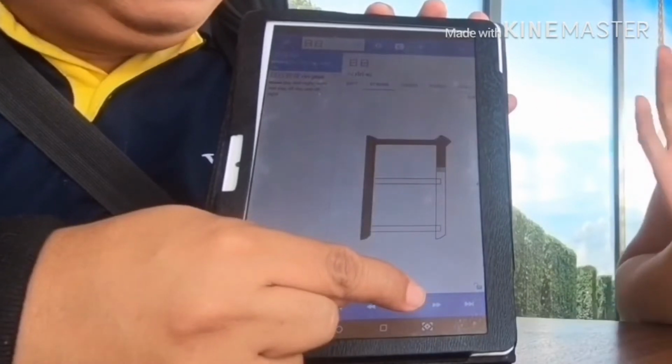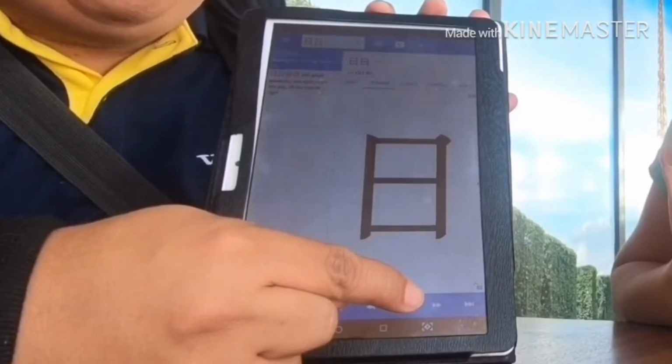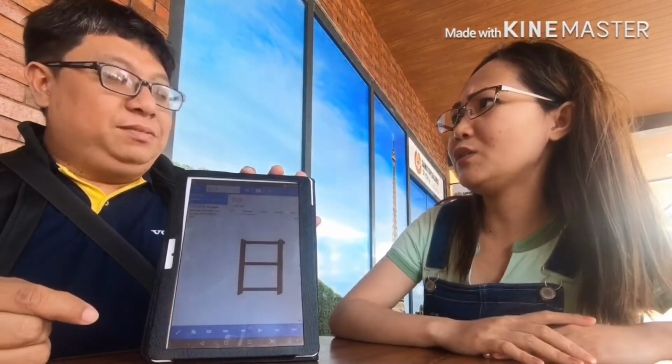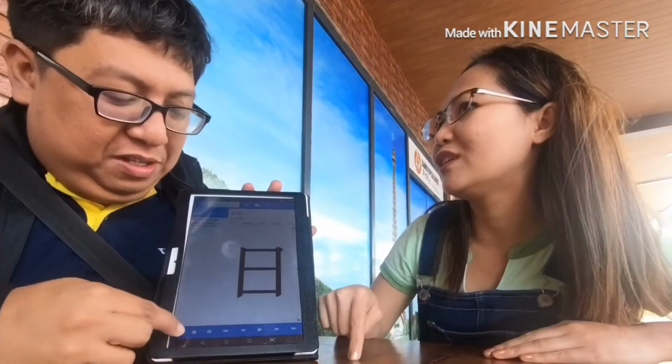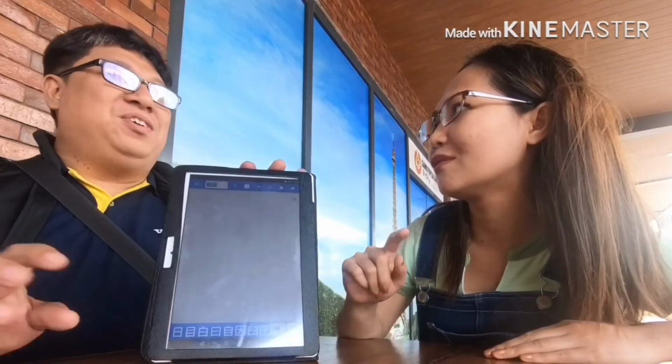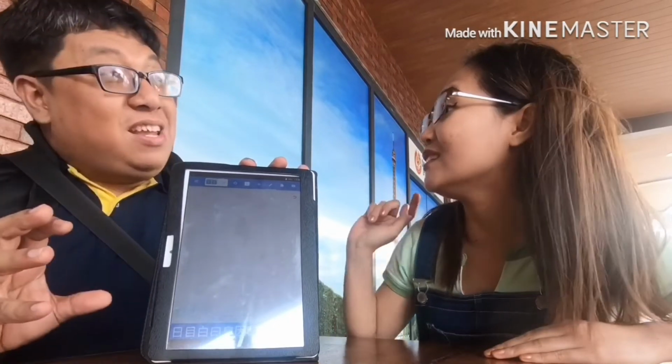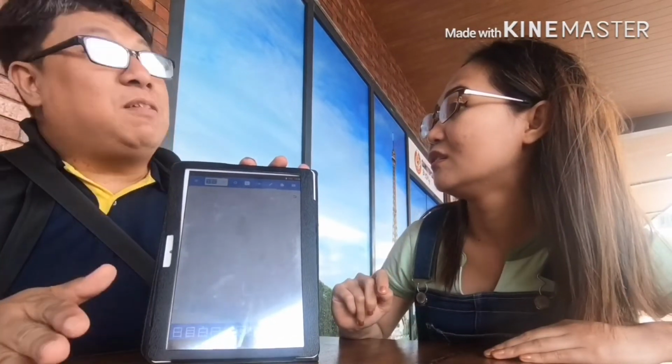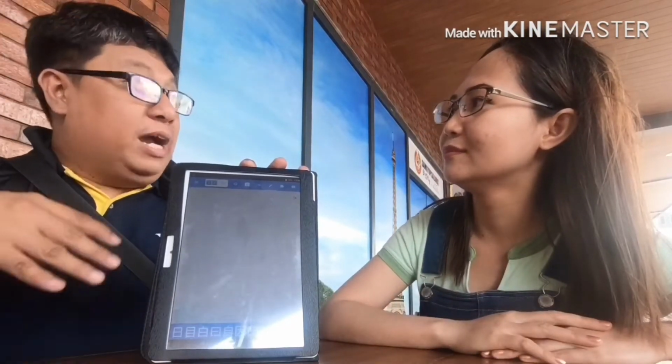Just like this: 1, 2, 3, 4. Sir, is it okay if we just don't follow the proper stroke order? You cannot. According to the Chinese, a character that is not written following the proper stroke order will look unnatural.